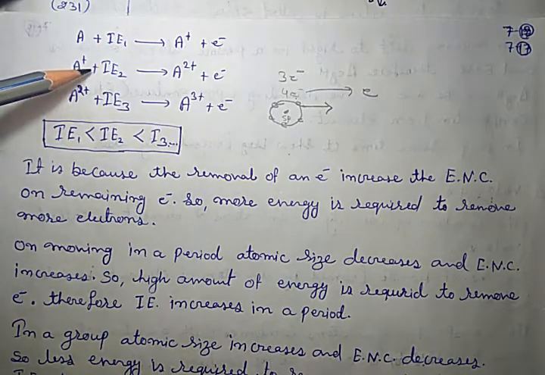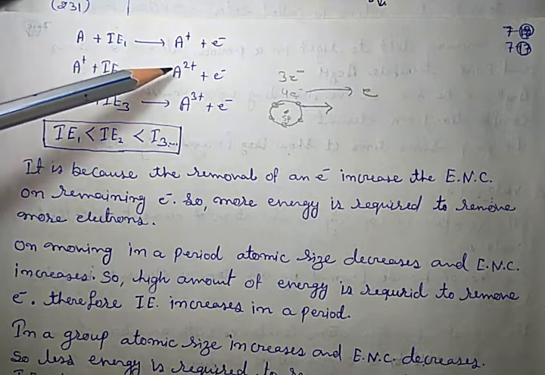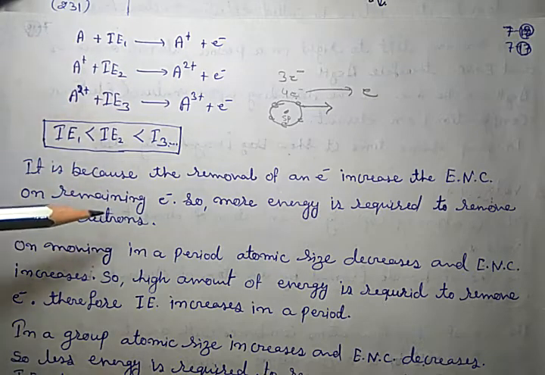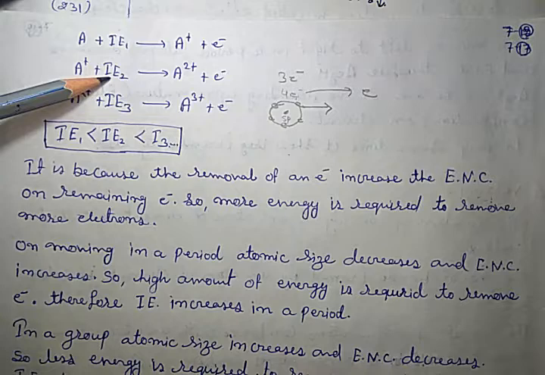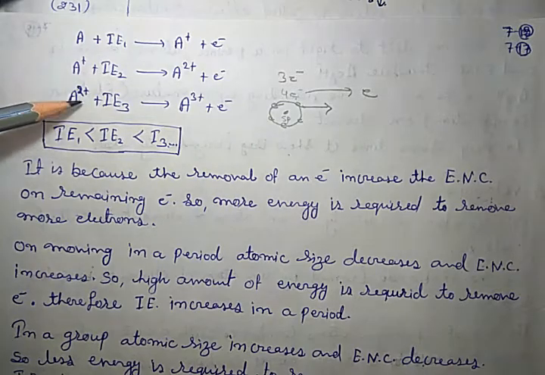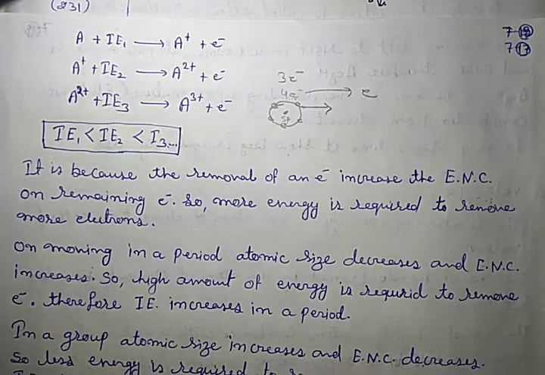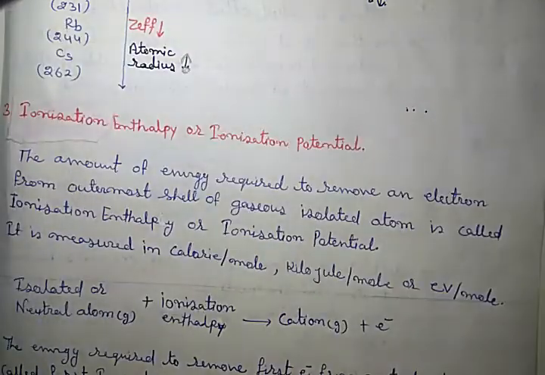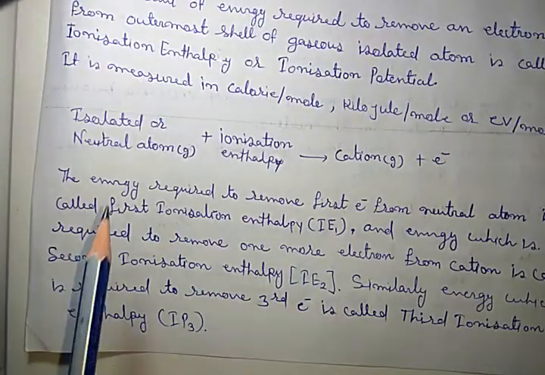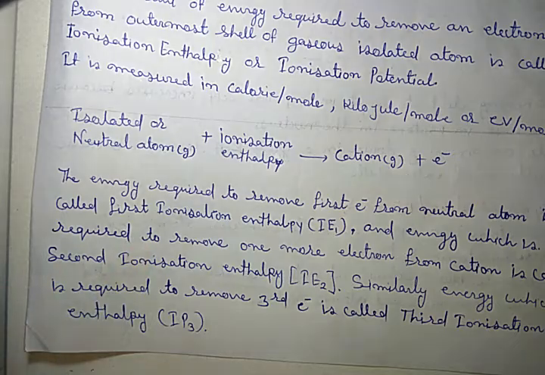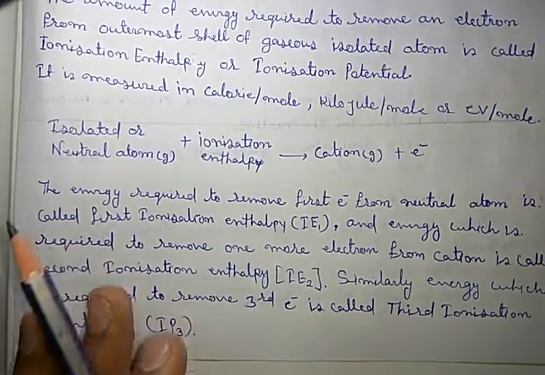Now if we remove one more electron from this cation, then it is called ionization enthalpy second. And third, if we remove one more electron from this +2 ion, then it is called ionization enthalpy third. So removal of the first electron is IE first, second is IE second, and third is IE third.